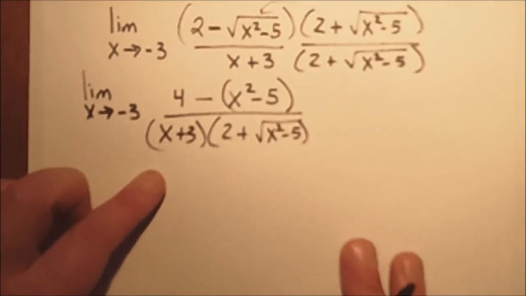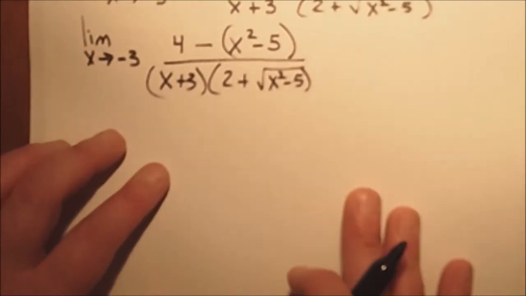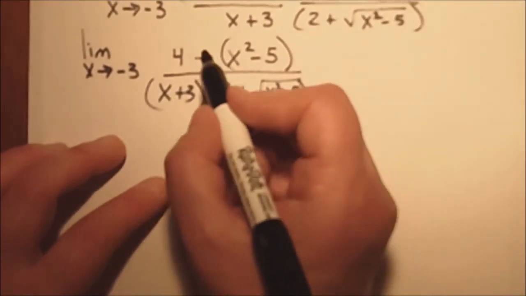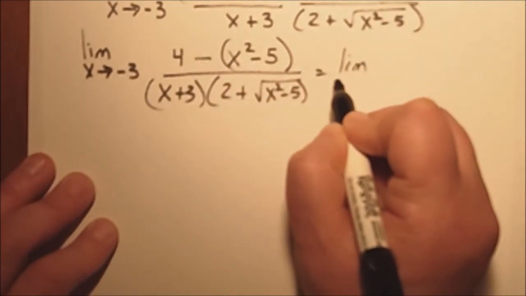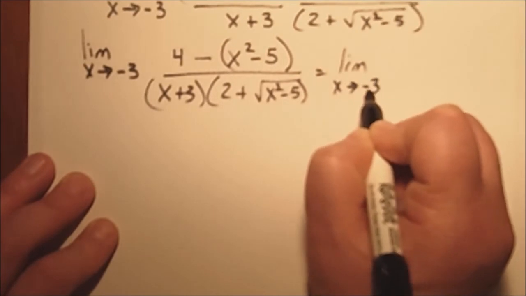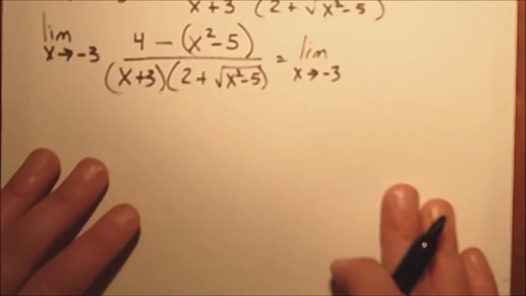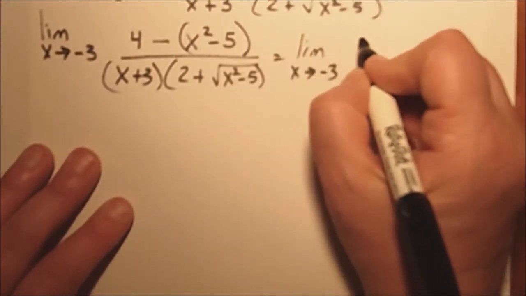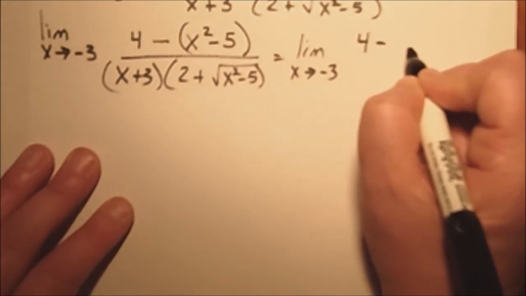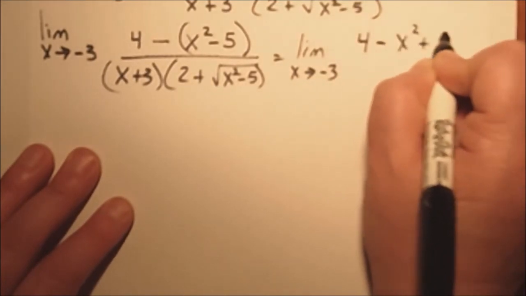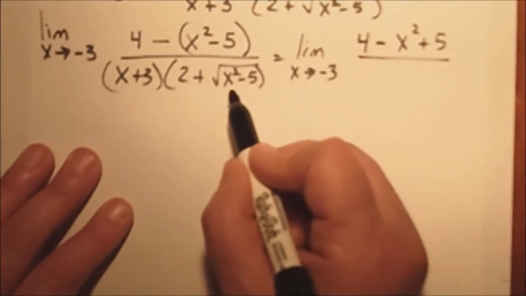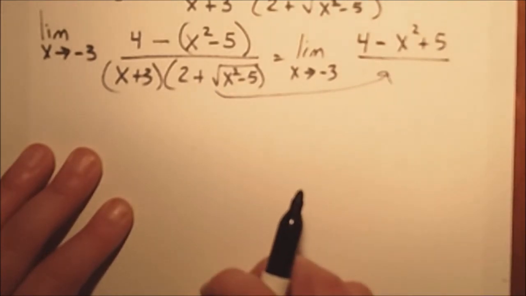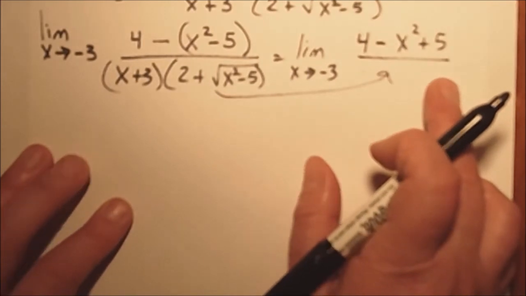So in this example, if I keep going, distribute that negative. And I should keep writing x approaches negative 3 at every single step. That would give me 4 minus x squared plus 5 over, and I'm not going to keep writing that whole denominator, but that whole thing stays in the denominator.